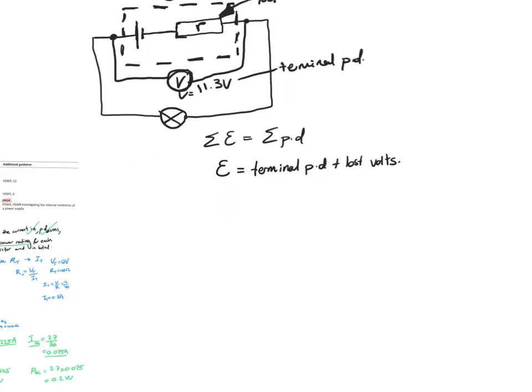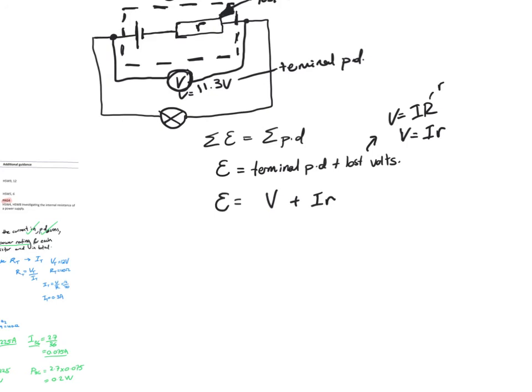So we want to go to the mathematical form of this equation. EMF is given by the terminal potential difference V plus the lost volts. So we know V is equal to IR. I will write it in terms of small r though, because we said that the internal resistance is represented by small r. So plus Ir, we come up with an expression like this.